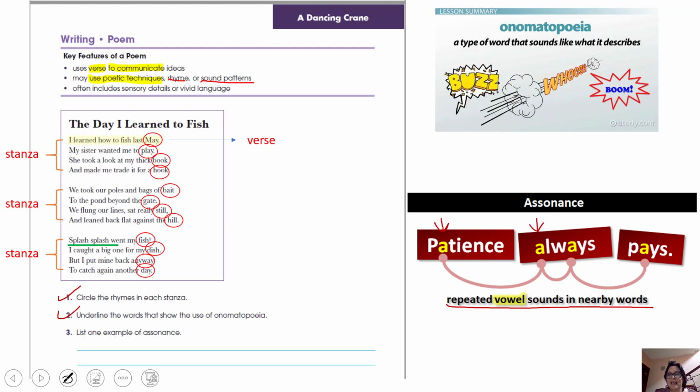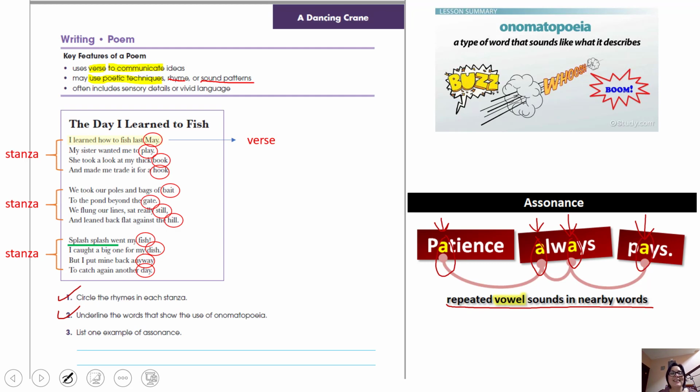A, A, A. Those vowel sounds are in words that are close to one another. They are near to each other. So let's read it. Patient always pays. Patient always pays. If you can see, we have that repetition of the same vowel sound A, A, A.